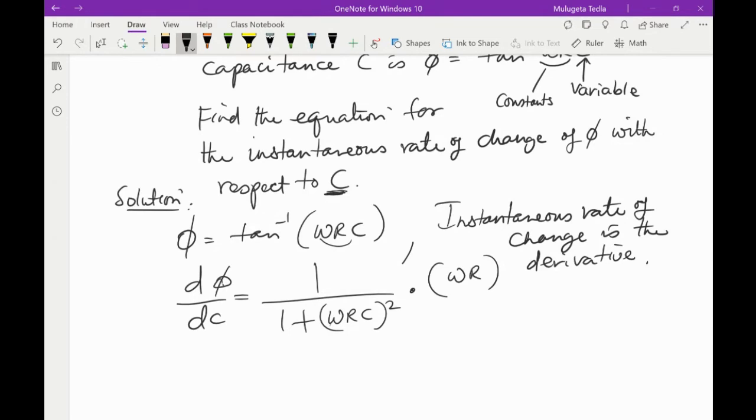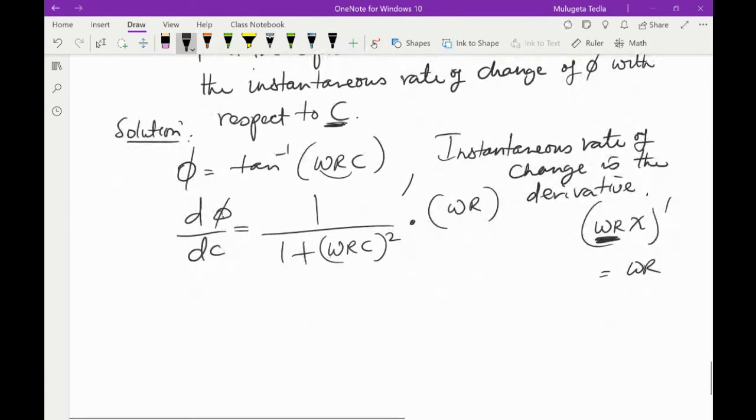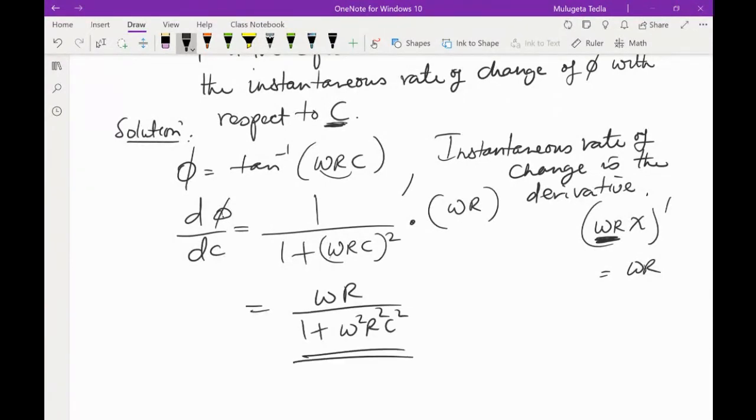If this is a number, the derivative of that is WR. So therefore, this is simply WR over 1 plus W squared R squared C squared. That's what the instantaneous rate formula is.